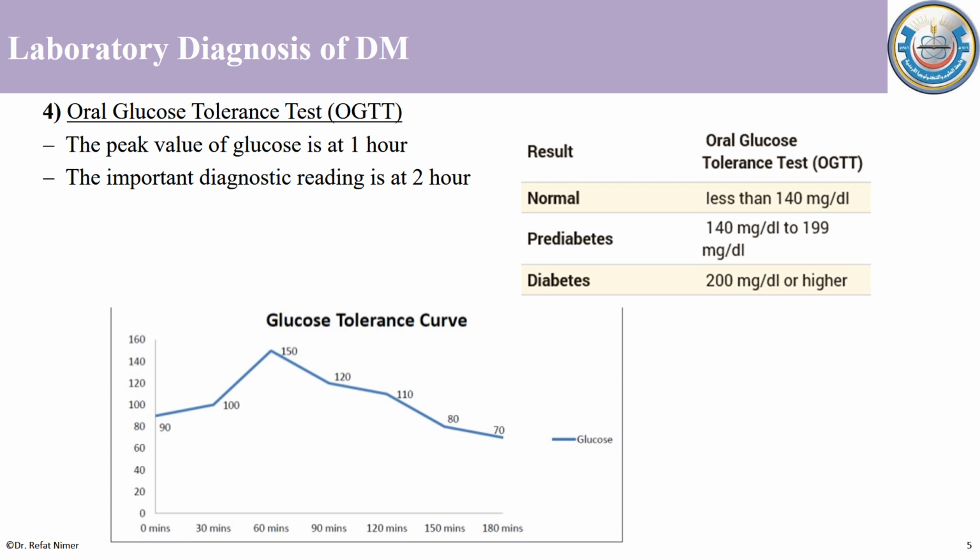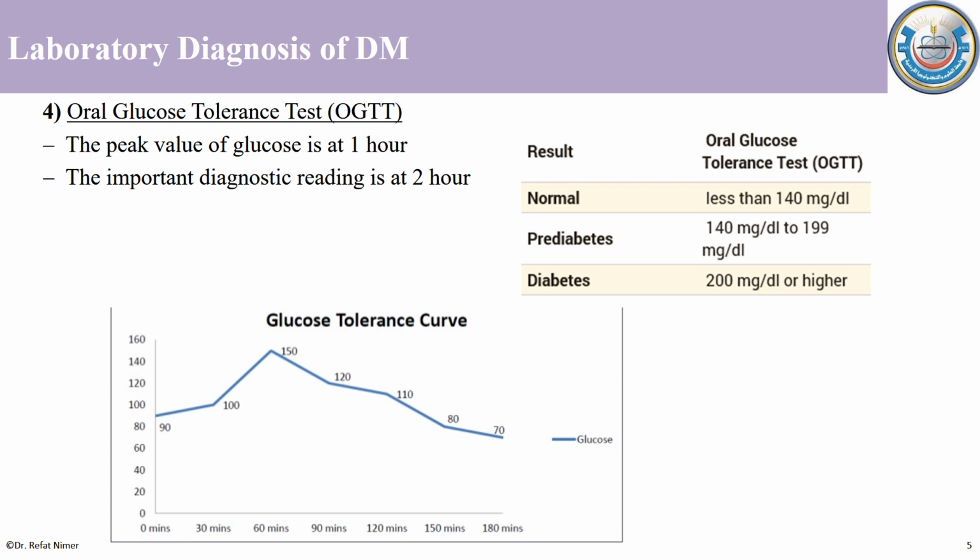And very important, as I said, there is a rise of blood glucose after glucose load, and the peak value is observed at 1 hour. This is due to the absorption of glucose from the intestine. It usually takes around 1 hour to reach the peak. So it's the time from absorption of glucose from the intestine until it appears in the blood.